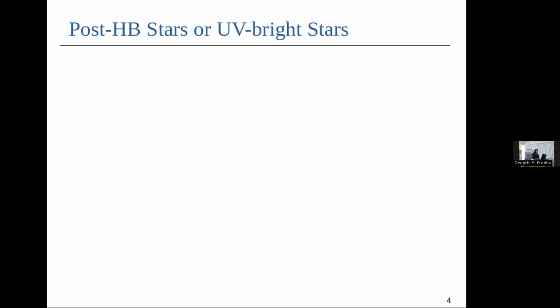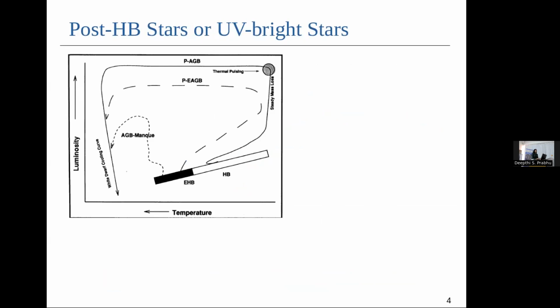Let's go to the post-HB stars, which are also known as UV bright stars. These stars are the brightest in the UV images of globular clusters. After core helium exhaustion, the stars move onto the AGB phase and undergo steady mass loss through stellar winds. They also undergo the thermal pulsation phase and then shed their envelopes and become post-AGB stars.